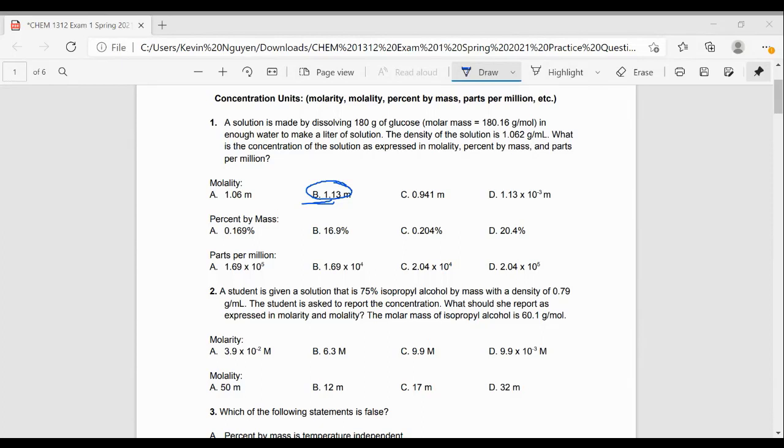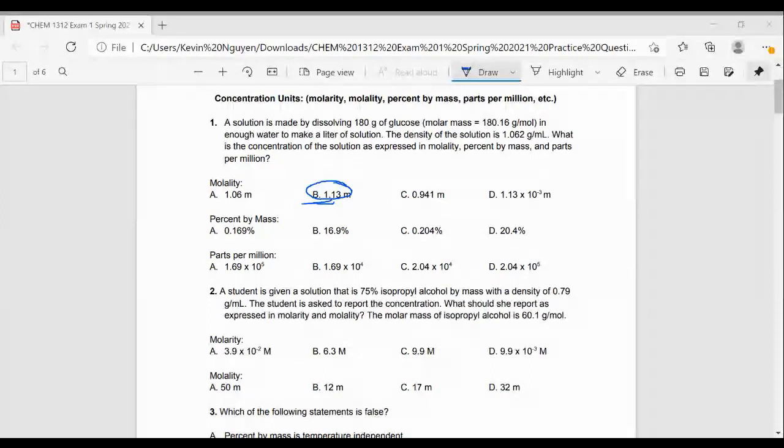So using the density, you can convert 1 liter, which is 1,000 milliliters, to 1,062 grams. You can either keep both masses in grams over grams or kilograms over kilograms, as long as the units are the same.